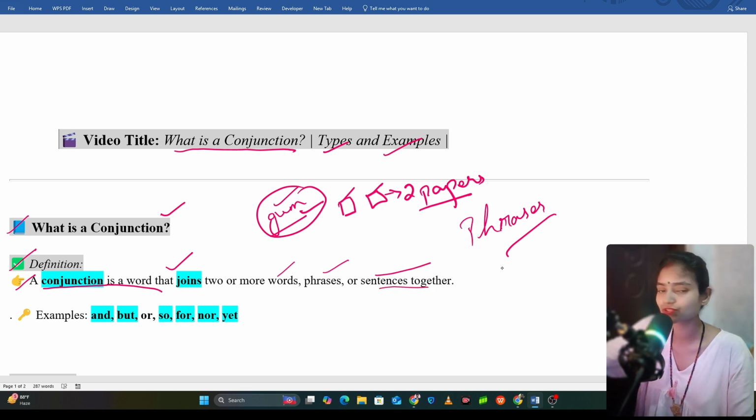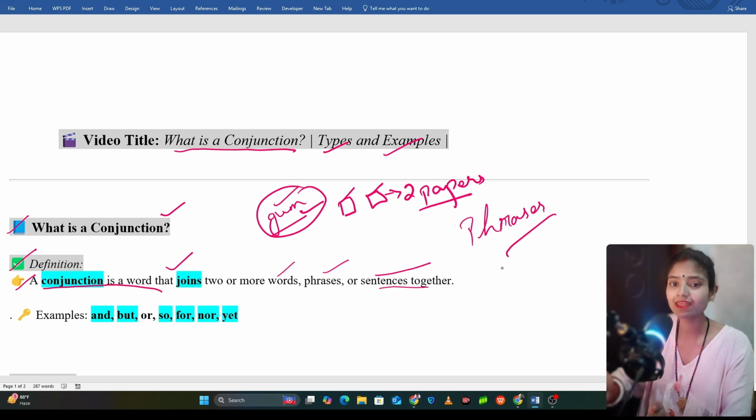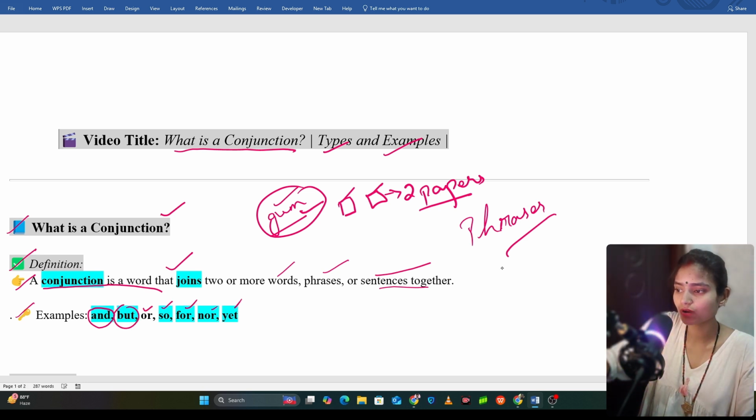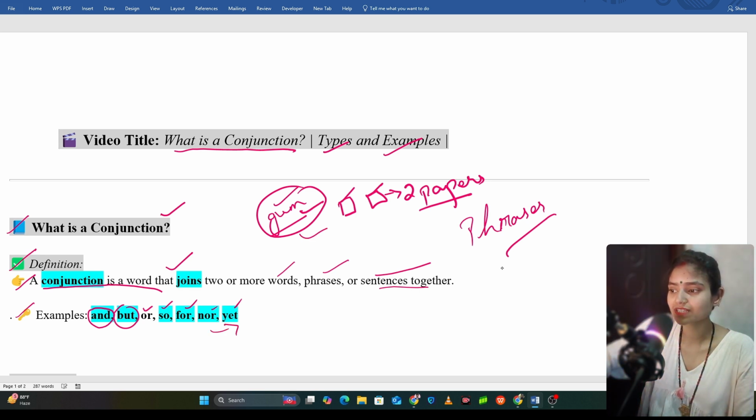Or sentences together: there might be two or three sentences, but with the help of a conjunction we stick, means combine, those sentences to make them shorter and clearer. Now these are the words: and, but, or, so, for, nor, yet. These are conjunction words which help to join sentences, words or phrases, just like the gum. So these words work like gum in a sentence.